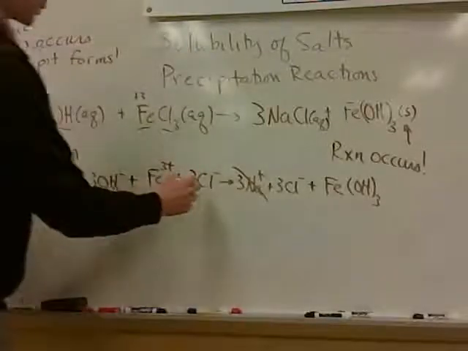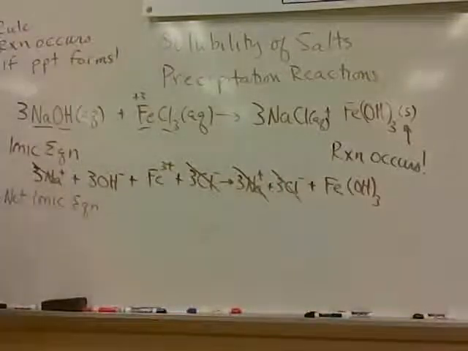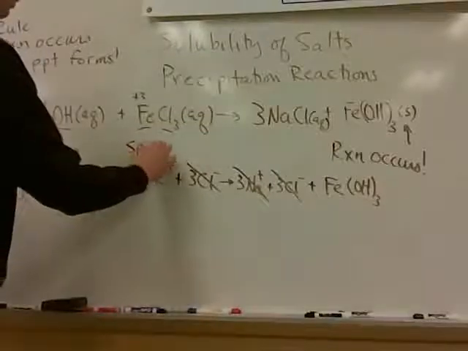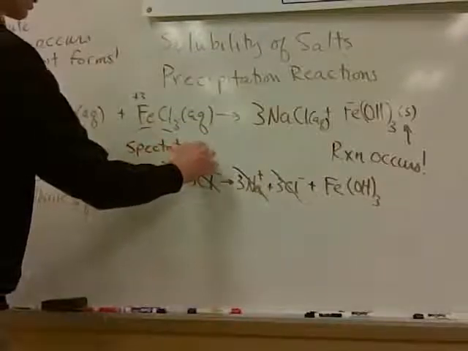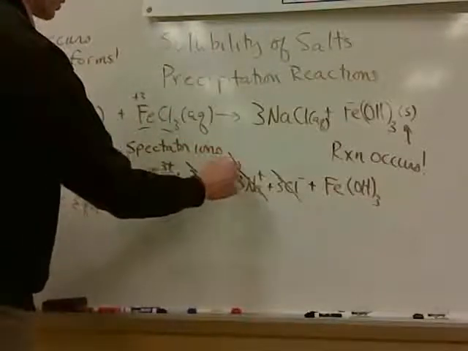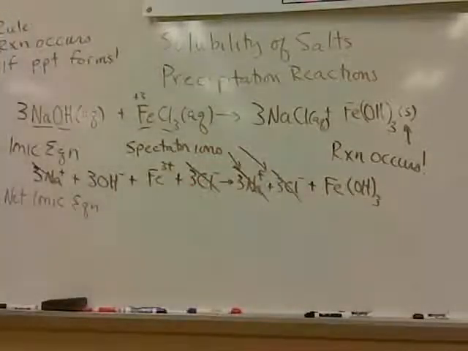And I have 3 chlorides, so I can cancel those out. The ones we cancel out are what are called spectator ions. Okay? So our spectator ions are the sodium and the chlorides. These are not involved in the reaction because they're ions on both sides.